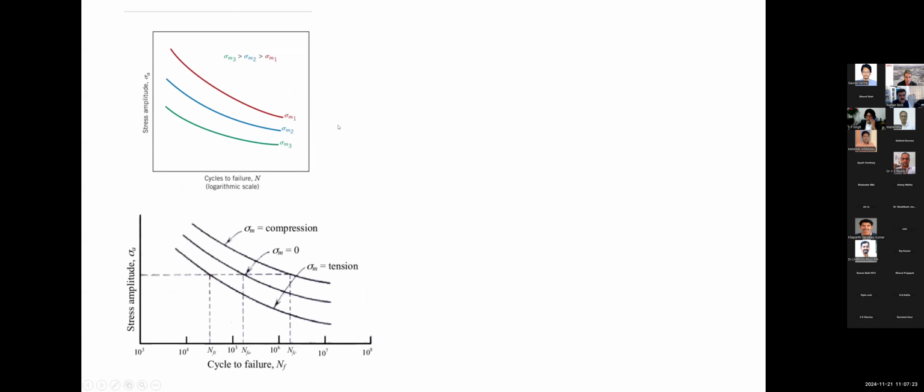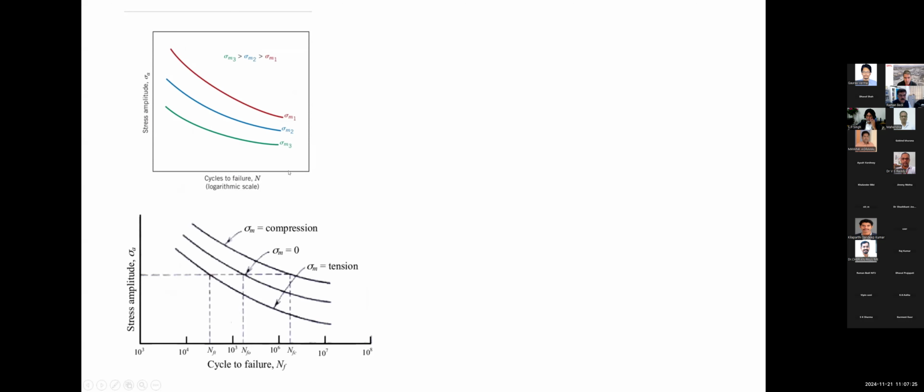So in tension, actually, we are talking about the tension fatigue. What we find here is that when you are increasing the value of the mean stress, sigma M3 being the largest mean stress, the fatigue performance is degrading. Less stress can be withstood by the material if you want to take the same number of cycles. So that is the effect of what we call as mean stress.